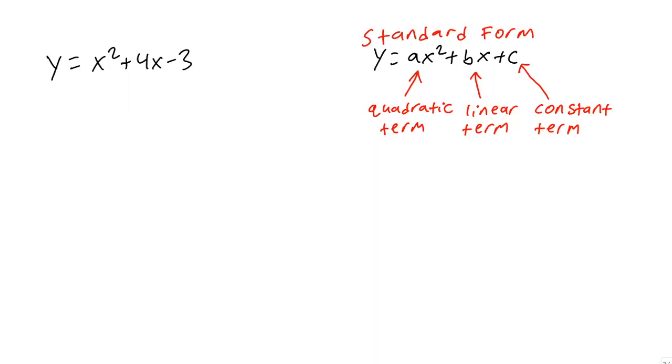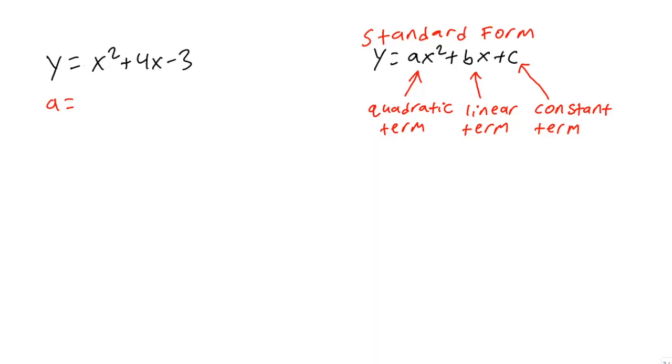All right, so now we're going to use the standard form to identify key features of the graph. So first we're going to figure out what a, b, and c are in this function. A, you'll notice there's no number in front of the x squared.